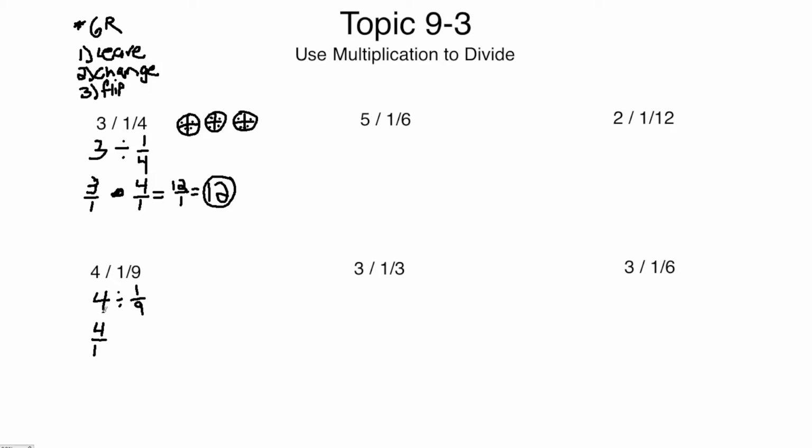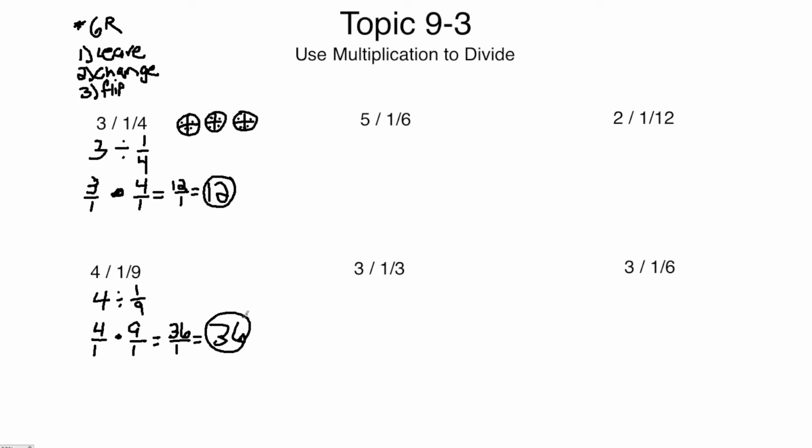Leave the first fraction alone, change division to multiplication, and flip the second fraction. So, can we cross factor? Nope. Can we multiply straight across? Well, of course. 4 times 9 is 36. 1 times 1 is 1. And 36 divided by 1 is 36.